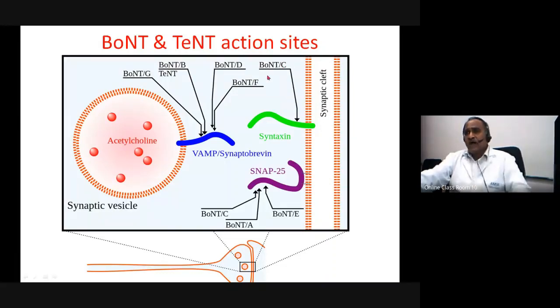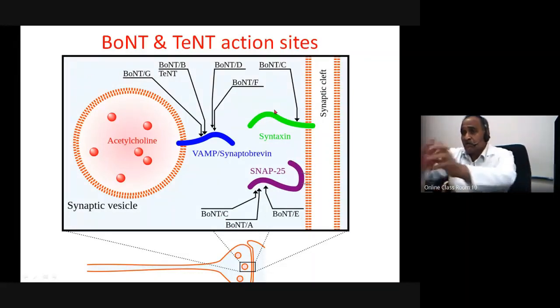Now you have another isoform, botulinum toxin C, that will be inhibiting the syntaxin, the green molecule there, which is attached to the membrane. That is what is a t-SNARE. Then we have BONT C, A, and E. These are attached to the SNAP25.